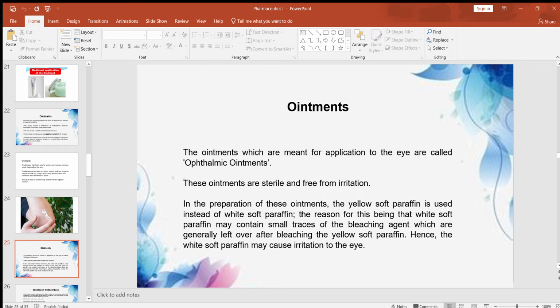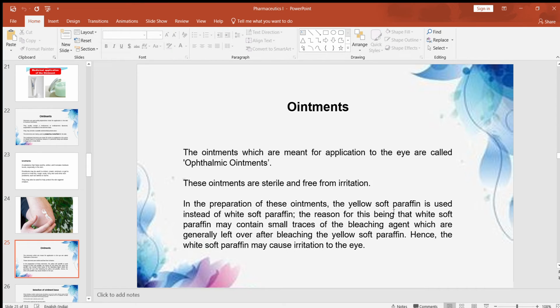Okay. So one example of a base which we commonly use is simple ointment. Now this simple ointment is actually composed of more than one ingredient, and one of which is soft paraffin.